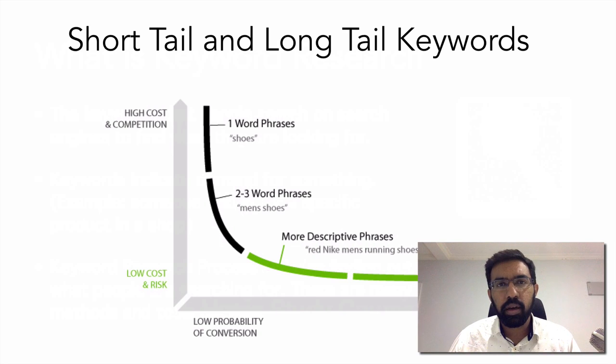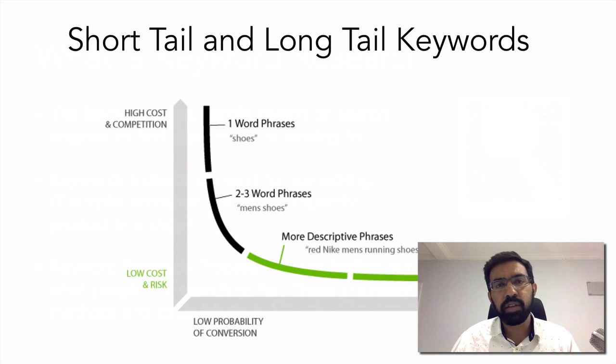Coming back to the previous example, let's say someone is going to a shop and asking for A3 size drawing note. That is a very specific type of product that this person is looking for, right? If that particular shopkeeper has this note, then it's very highly likely that this person is going to buy it, because he already knows what he wants and he is very specific about it.